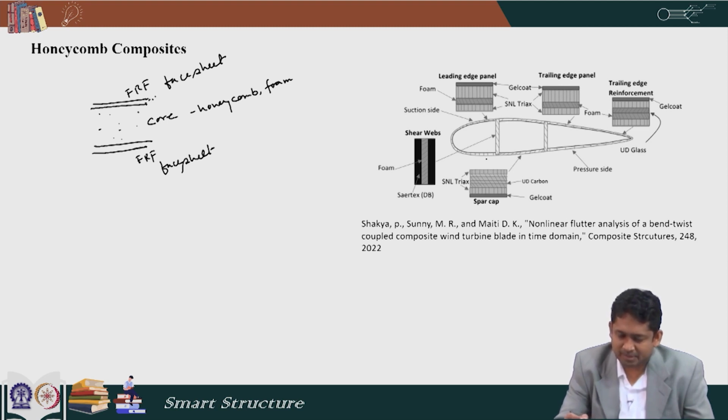These laminates have different names like SNL, Triax, Sartex. Mostly unidirectional laminates are there. So, this gives an overview of how these composites are placed and the foams and protective materials are placed to make a real life airfoil composite structure.